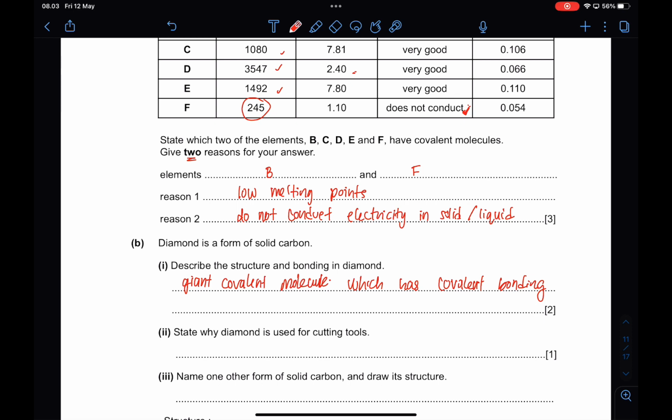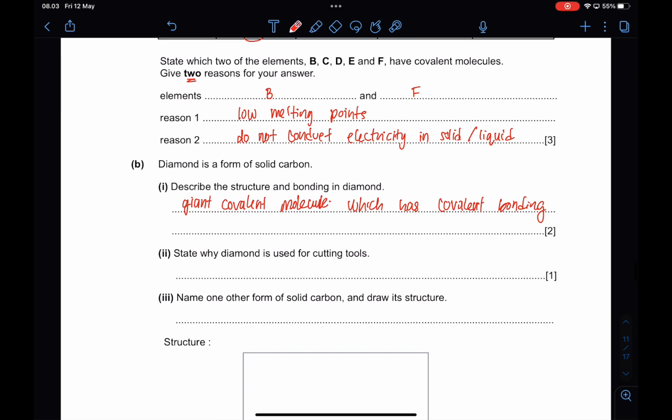But how about graphite? Can graphite conduct electricity? Yes, because in diamond, each carbon is bonded with 4 other carbons. So 4 valence electrons, as they are from group 4, have been used completely to share with other carbons. But graphite is arranged in layers.